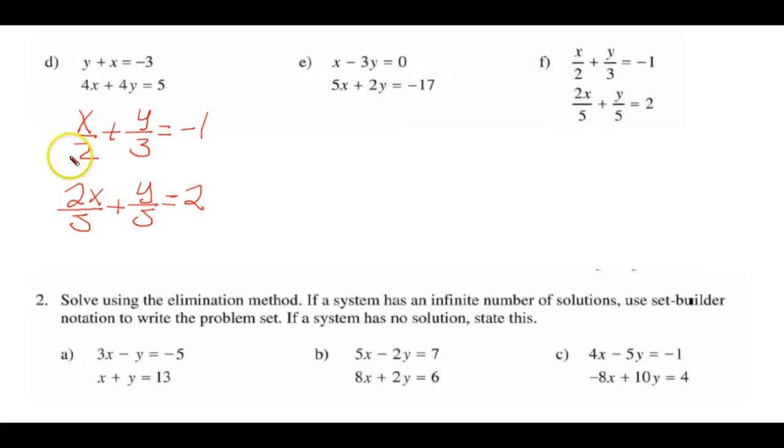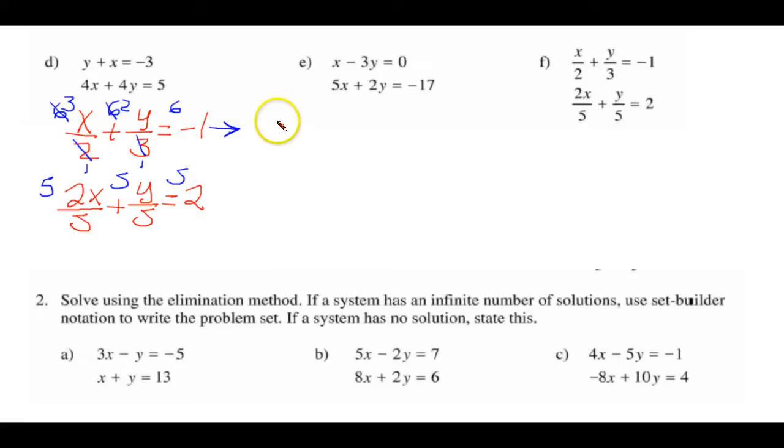So here our common denominator is 6. So we're going to multiply every term by 6. Here our common denominator, there's only the one, is 5. So we're going to multiply every term by 5. Now here the 2 cancels out and we end up with a 3. Here the 3 cancels out and we end up with a 2. Here nothing cancels out. So we rewrite this equation now.